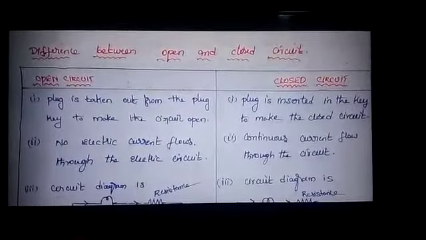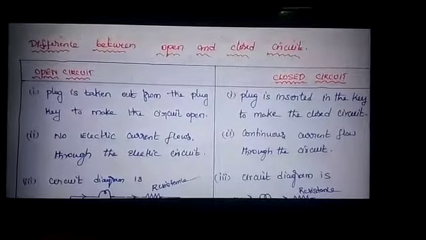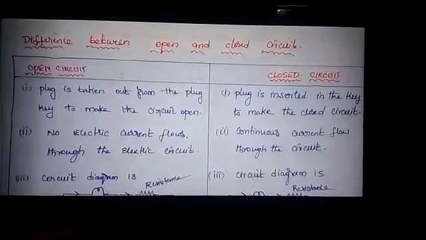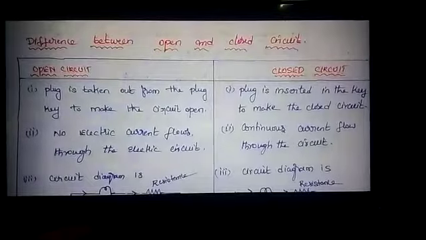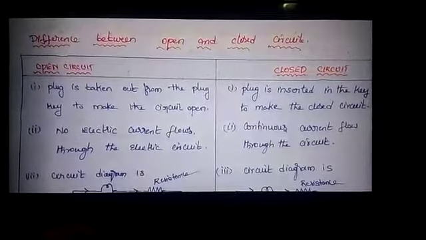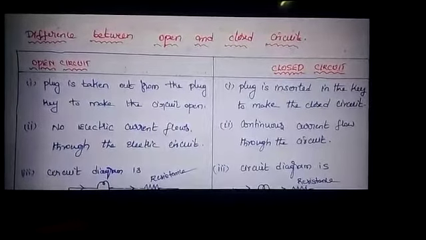Now, the difference between open and closed circuit. In an open circuit, the plug is taken out from the plug key to make the circuit diagram. Yesterday I said that the plug key has two brackets and one dot symbol.